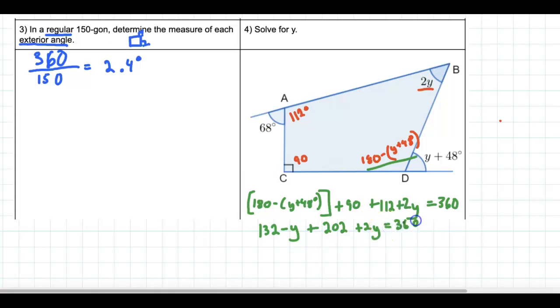Let's keep combining. So we've got y plus 334 degrees is equal to 360 degrees. And I'm going to subtract 334, and I just end up with y equals 26 degrees. Pretty simple.